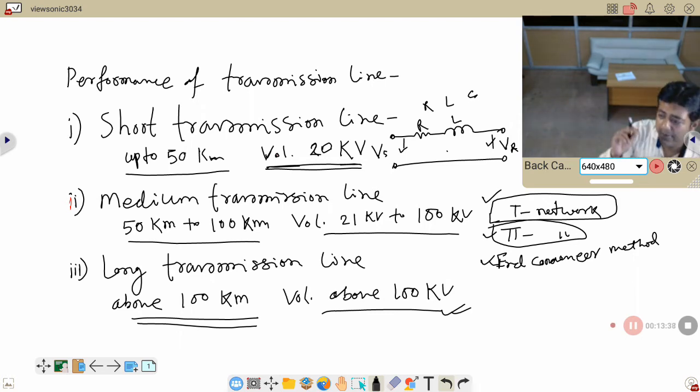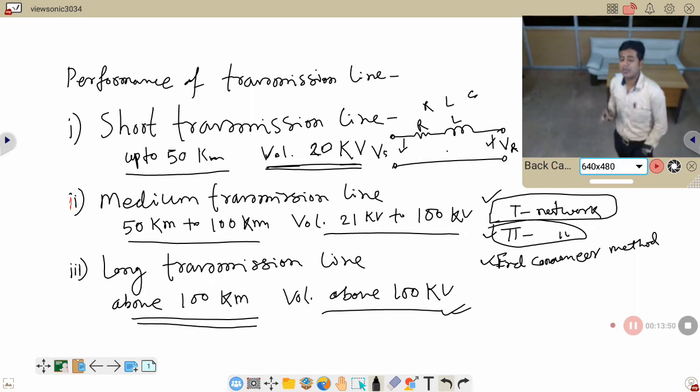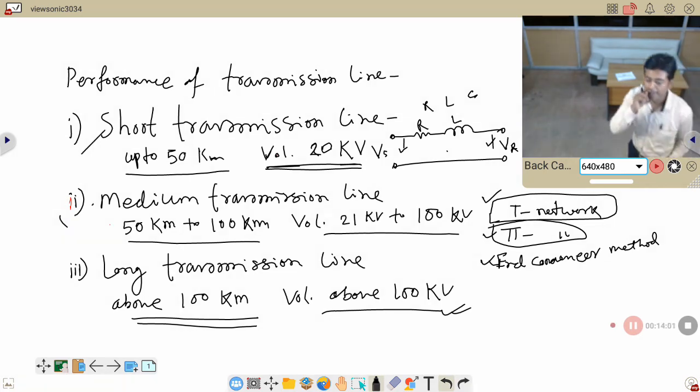As the voltage level is high, practically whatever capacitance will be formed between the conductors over the transmission line, there is no way to neglect the capacitance. We have considered it in the case of medium transmission line and short transmission line. So that's why in case of long transmission line, we consider a different method.